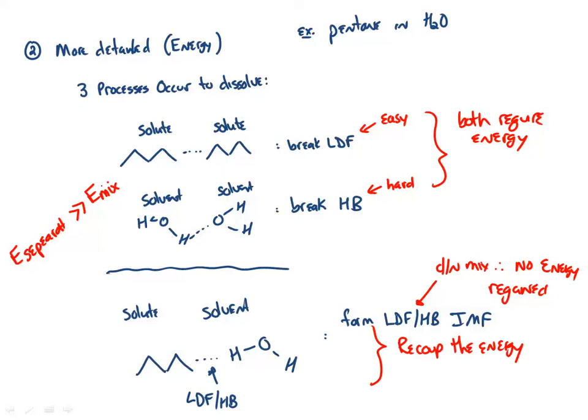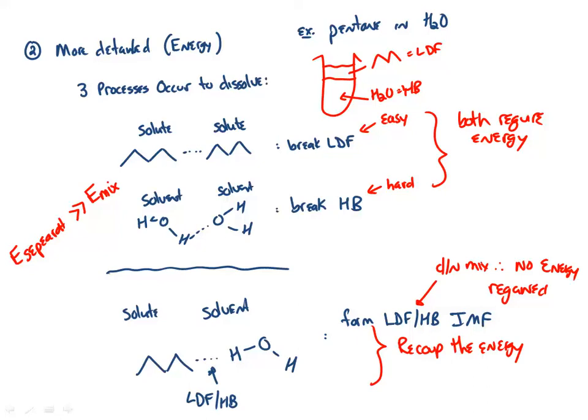And so if the energy to separate all those particles out is so much larger than the energy that we would get back by mixing them together, it doesn't happen. And that's why when you look at a test tube, we get two layers. We get a layer of, say, pentane, where we just have London dispersion forces, and we get a layer of water, which is all hydrogen bonding, and the two don't mix.